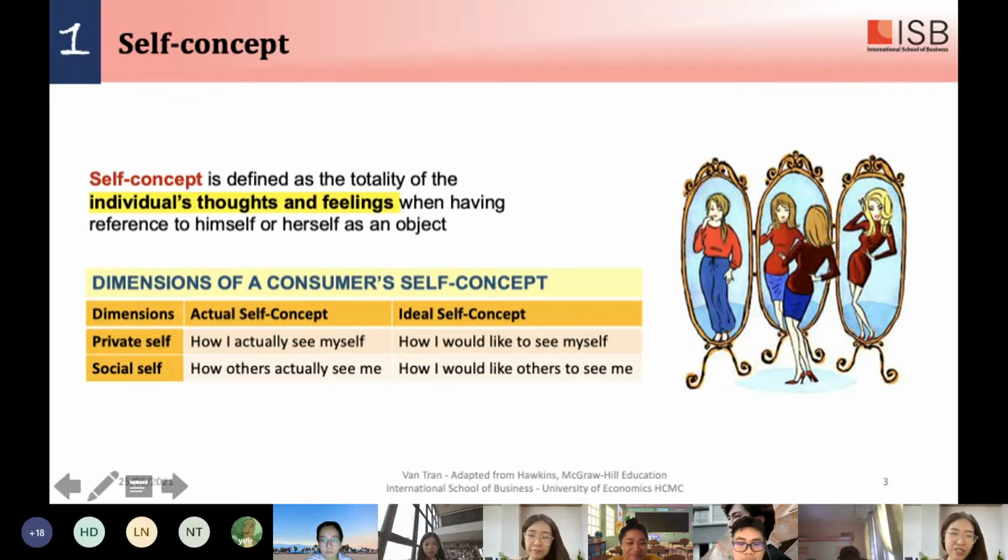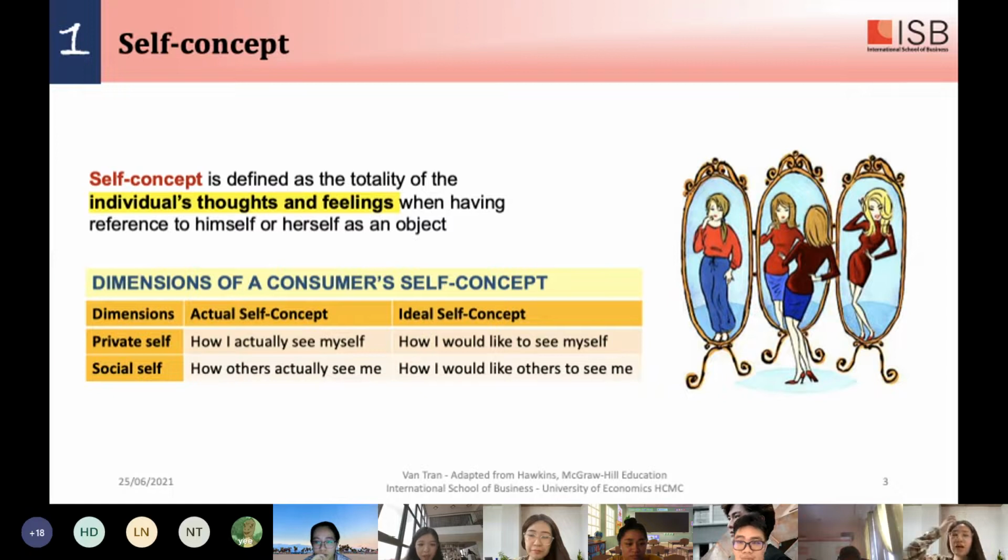And then we have the ideal social self. That is how you would like others to see you. Some kind of image or some kind of future achievement of how you want to be, who you want to be in front of other people.